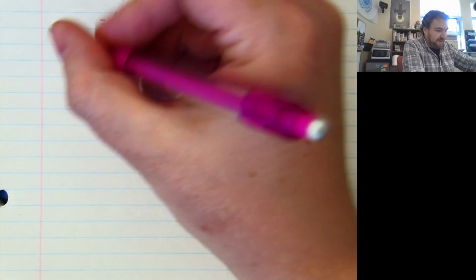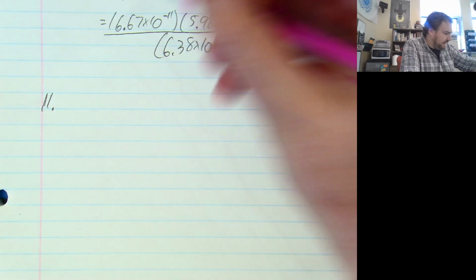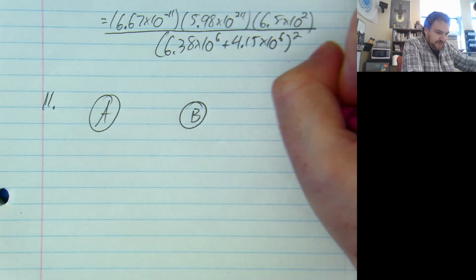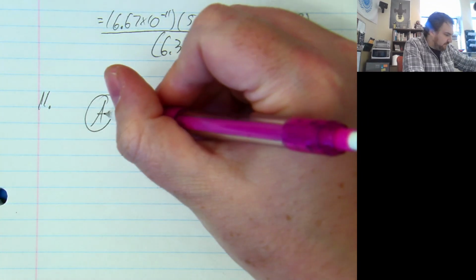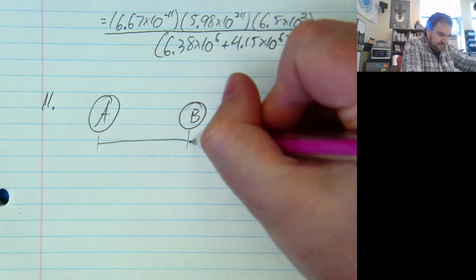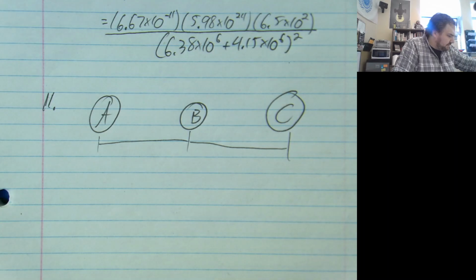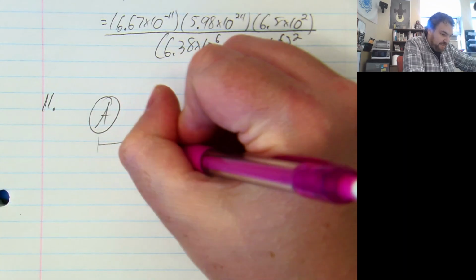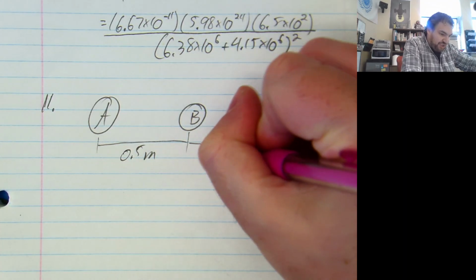Okay, question number 11. I did give you a fair bit yesterday. There's object A, there's object B, there's object C. We're given these distances. 50 centimeters is 0.5 meters. I'm going to make that adjustment right away.